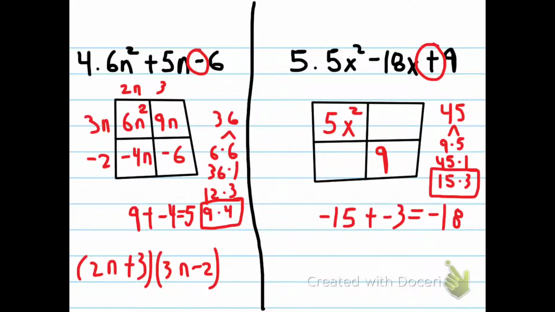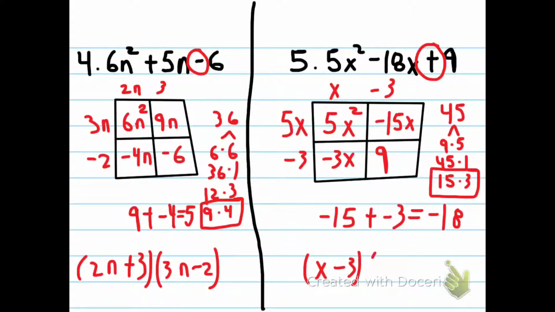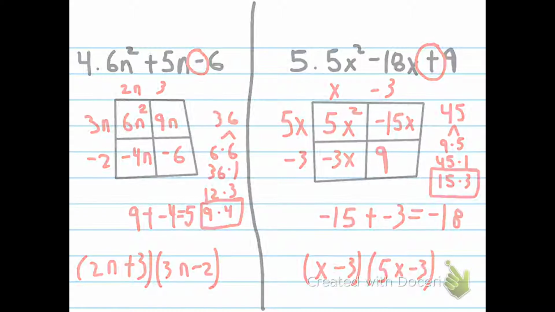So negative 15x and then negative 3x. And both of these have a 5x in common. So your answer is x minus 3 and 5x minus 3. Hopefully you got both of those problems correct.